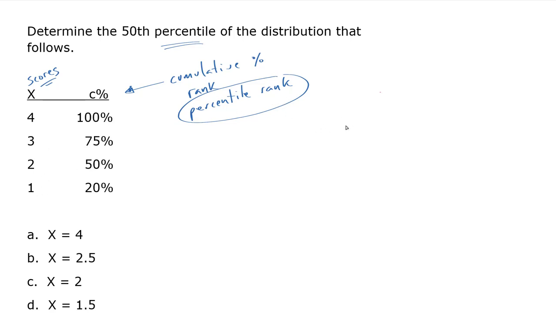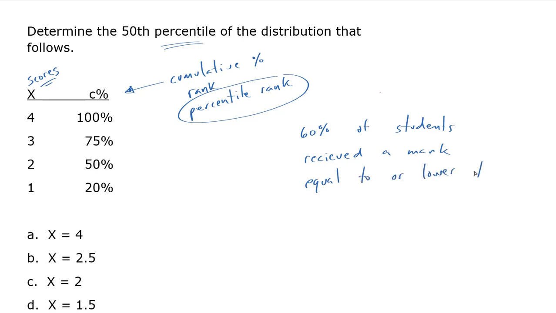Well, if I knew that, let's say, 60% of students received a mark equal to or lower than 85 on the exam, I would say that my 60th percentile is x equals 85.